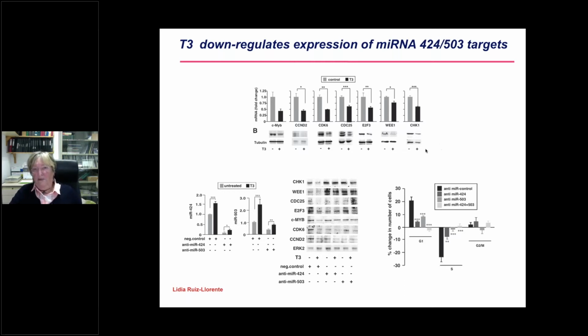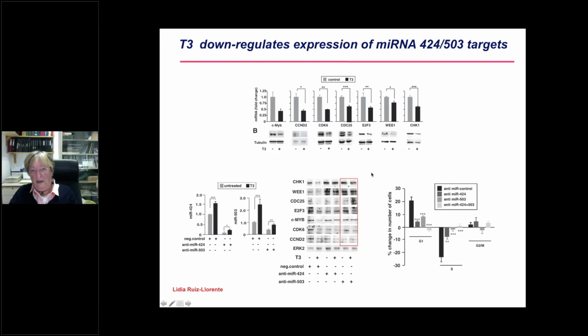But to really prove functionally that the inhibition of the expression of these targets by the microRNA was due to the increase by the thyroid hormone, we knocked down these microRNAs both in the presence and absence of T3. And interestingly, we could observe that this downregulation of the targets was inhibited when these microRNAs were knocked down.